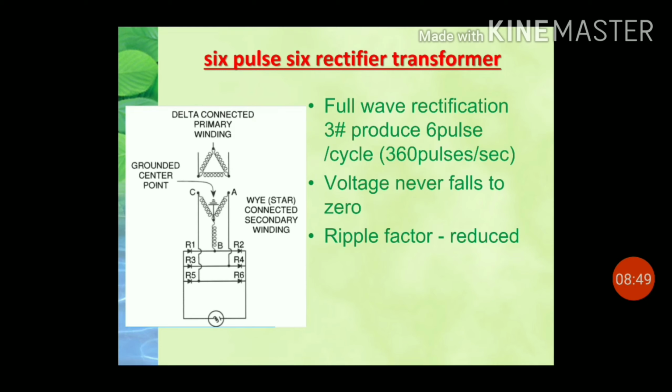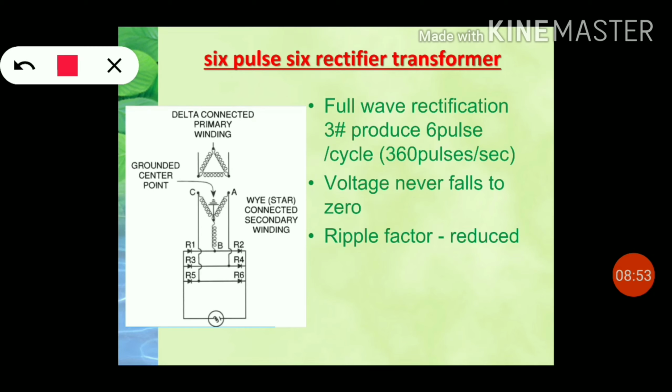So, 6 pulse 6 rectifier transformer. How will full wave rectification take place? Suppose A is negative compared to B, and B is positive.